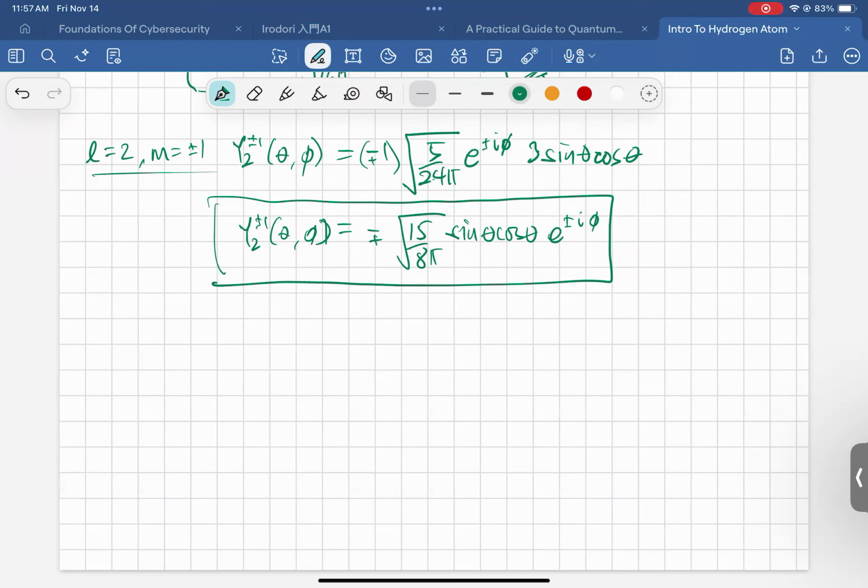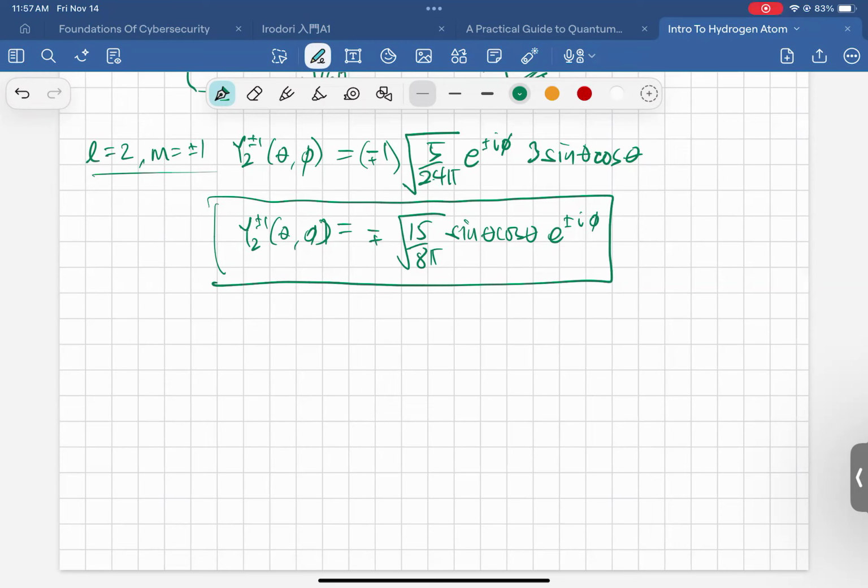Now, before we consider a few more examples, syempre, we have to check if these solutions are normalized and orthogonal. The way to do that is we integrate the modulus squared of the wave functions over all space, right?